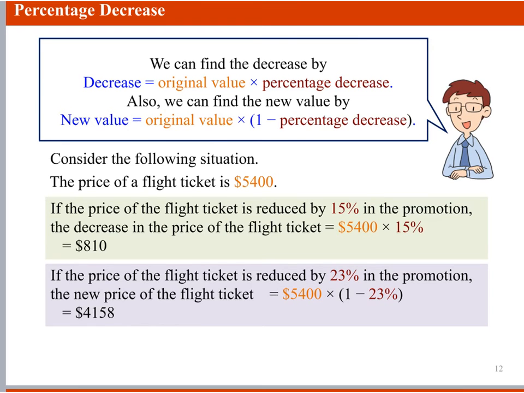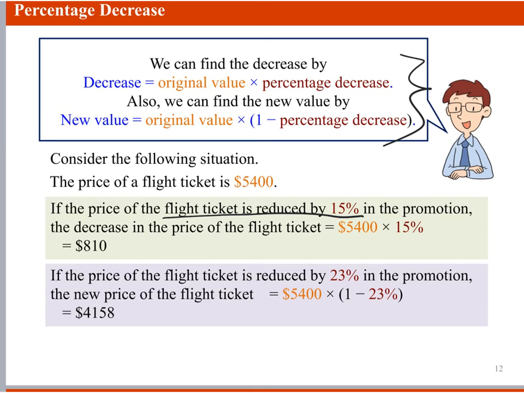And there are two more equations, similar to the increase. We're using an example to illustrate the two equations. The price of a flight ticket is 5,400. Now the ticket is 50% off. We need to find the decrease in the price.